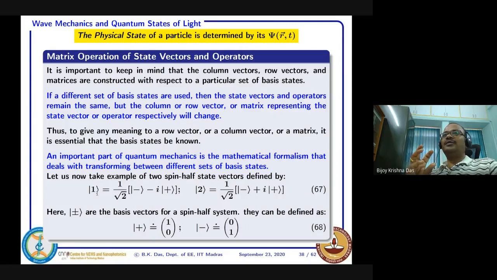Suppose it is a ball-like thing, even though it is point size. If there is no freedom to move in x, y, z or any direction, you can imagine it is fixed at a particular point, but it is spinning.